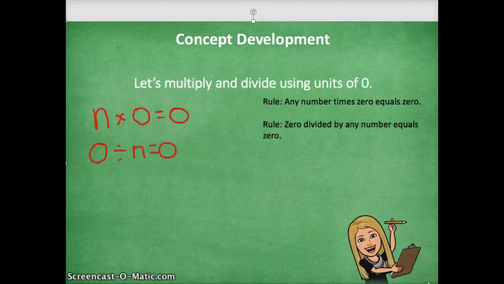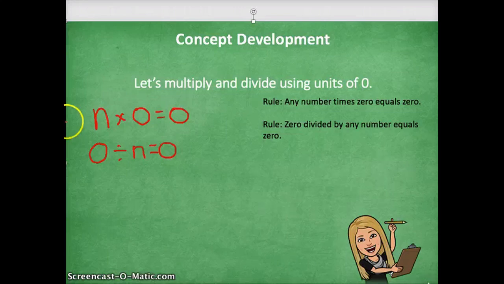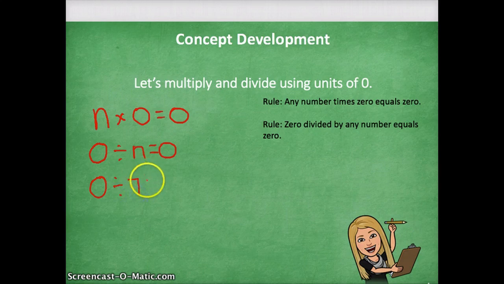All right, let's choose a value for n and see if we can get a true equation. So we're going to rewrite an equation that we did a few minutes ago, letting n equal 7. So we've got 0 divided by 7, that's the number we're using.